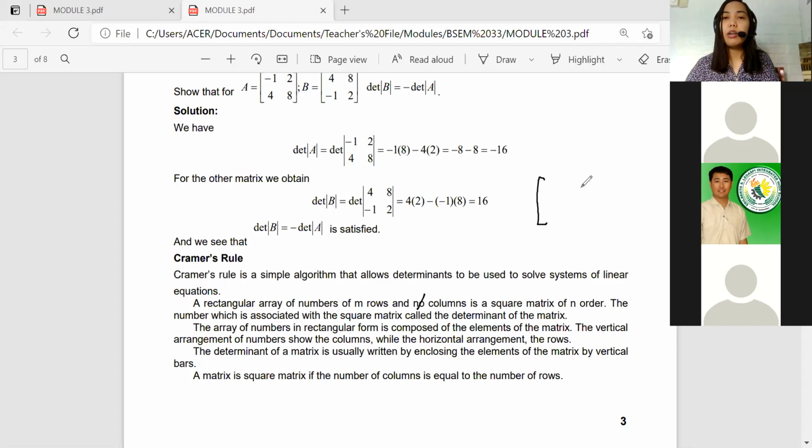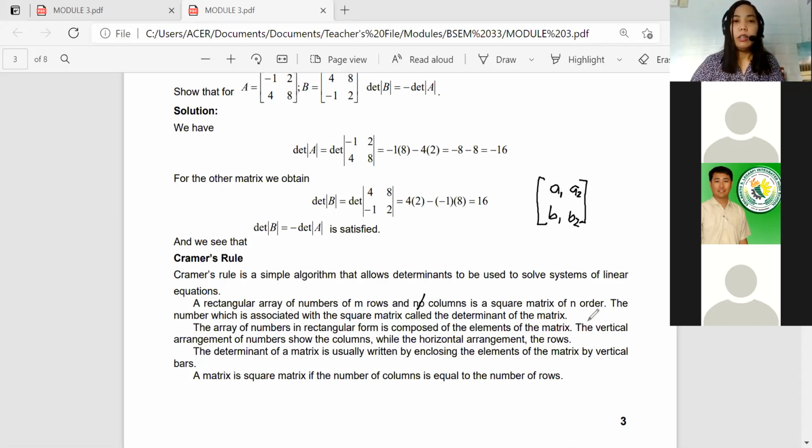It's a rectangular array that consists of rows and columns. So we have A1, A2, B1, and B2, which consist of rows and columns.